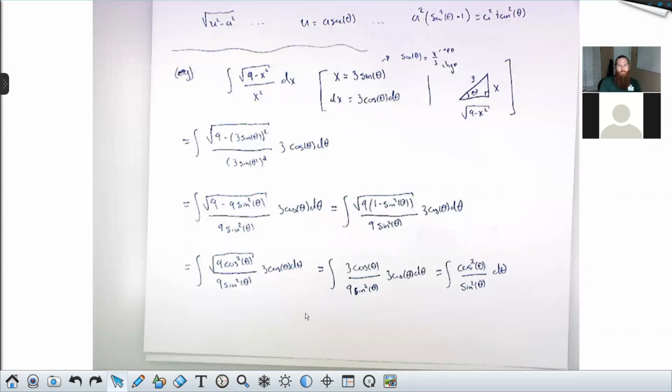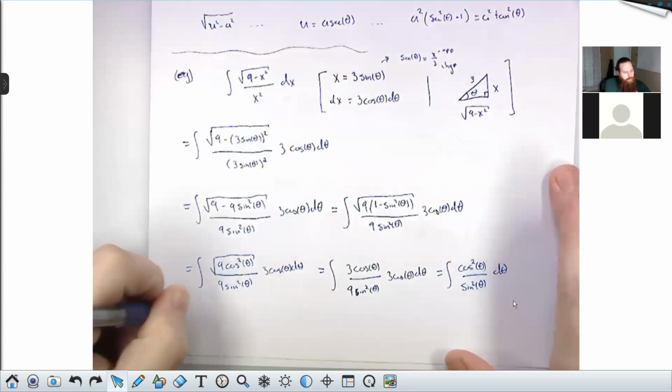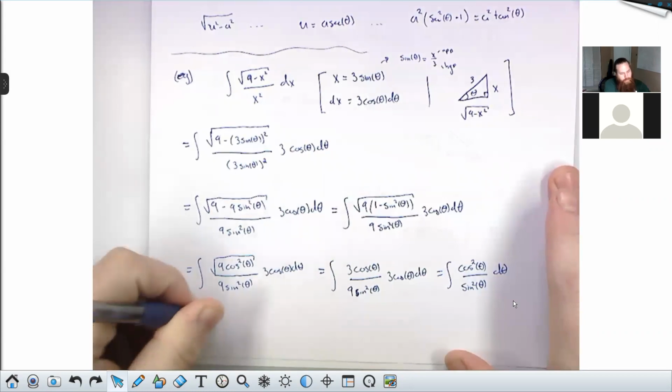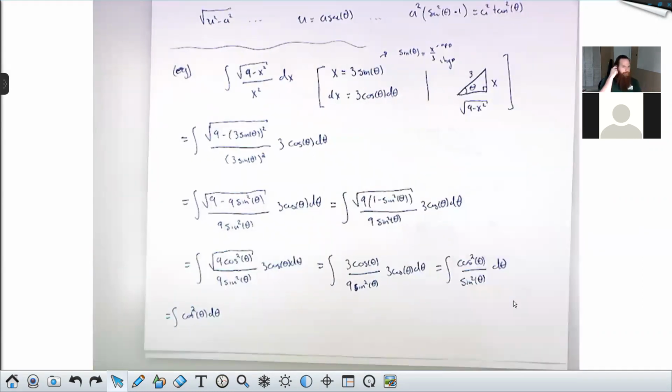How do we do this integral? Yeah, I treat it as cotangent squared. Very good. And then how do I integrate cotangent squared? Anybody remember this? It's a lot like tangent squared. Good, we rewrite it in terms of cosecant.